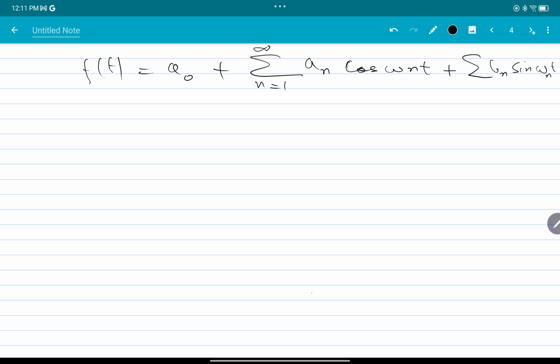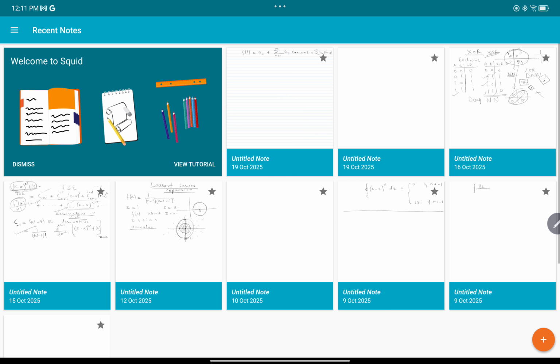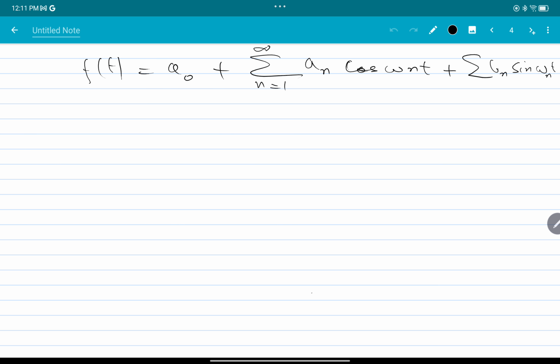Not subscript, I'm sorry, it's not subscript here. It is sin omega n t, or you could have written it as omega into nt, n equal to 1 to infinity.